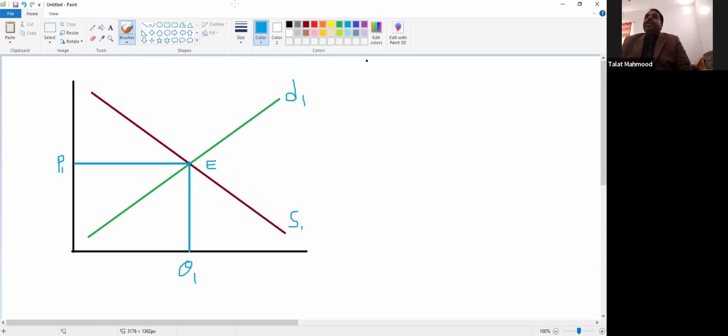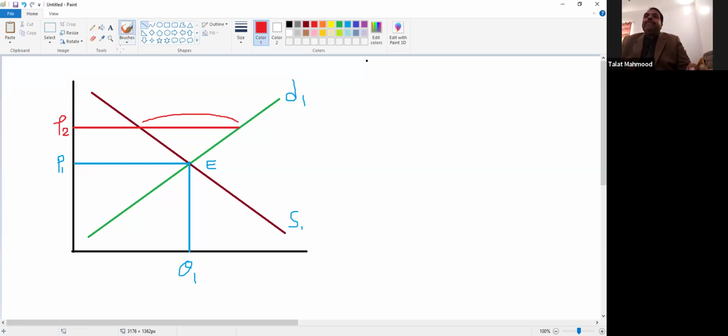Government, see that if we are having price over here, what will happen? If the price is here, price has gone to P2. We see that there is a gap between demand and supply. Why so?